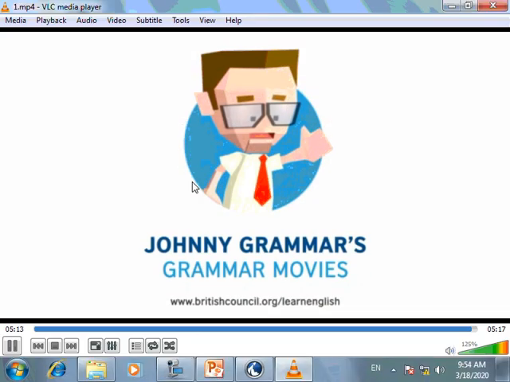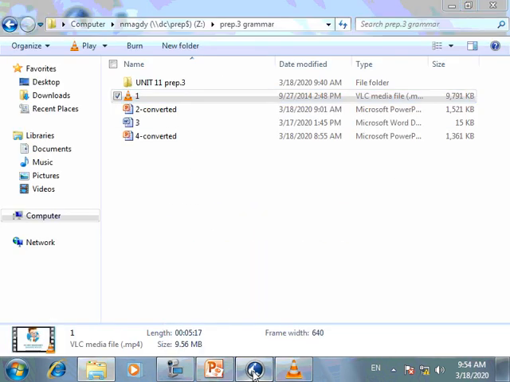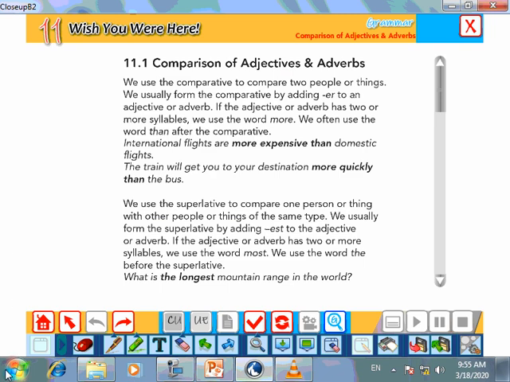So I want you guys to open your grammar reference and let's highlight some points with each other, and I want you to understand them very well. Here, the comparative we use to compare two things or people.